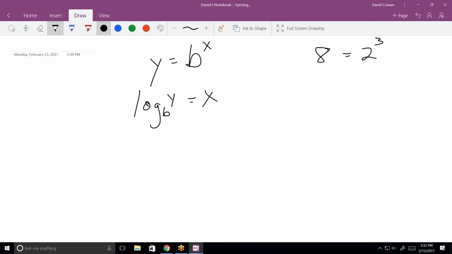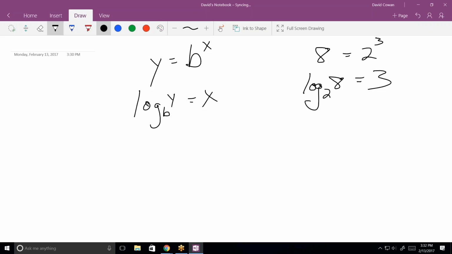So what's the logarithmic expression of 8 equals 2 to the third? It would be log base 2 of 8 equals 3. Is that the way your teacher expresses that? She says log 2, 8. Well, she hasn't really expressed it, more just kind of wrote it down and said 2 cubed is 8.